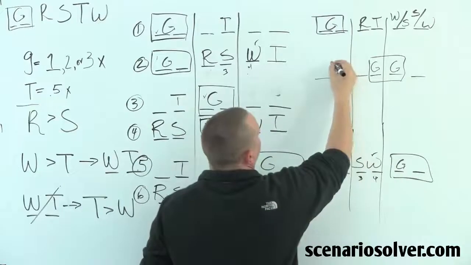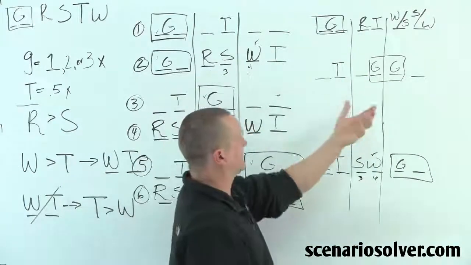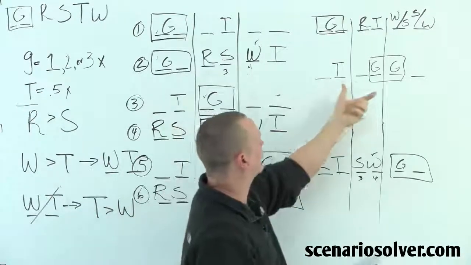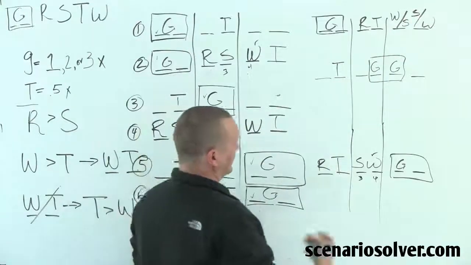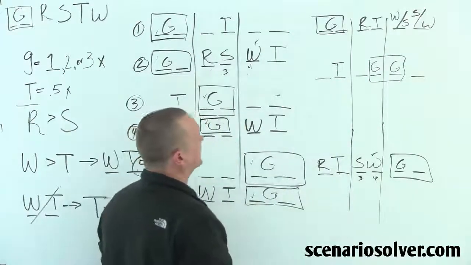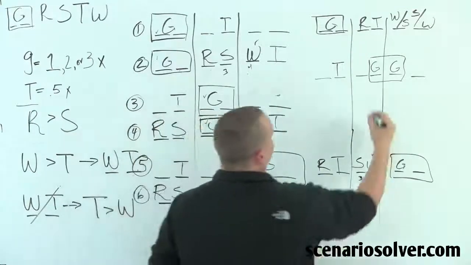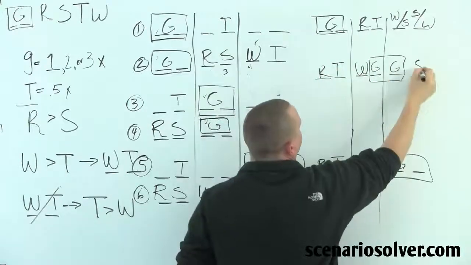Then if I placed T here, I'm okay in this. Everything is good. G is not shown immediately before T. That's happening right there. I've just answered that. The question becomes, if I can make this valid according to all the other rules, I could put T, W here and then R, S.